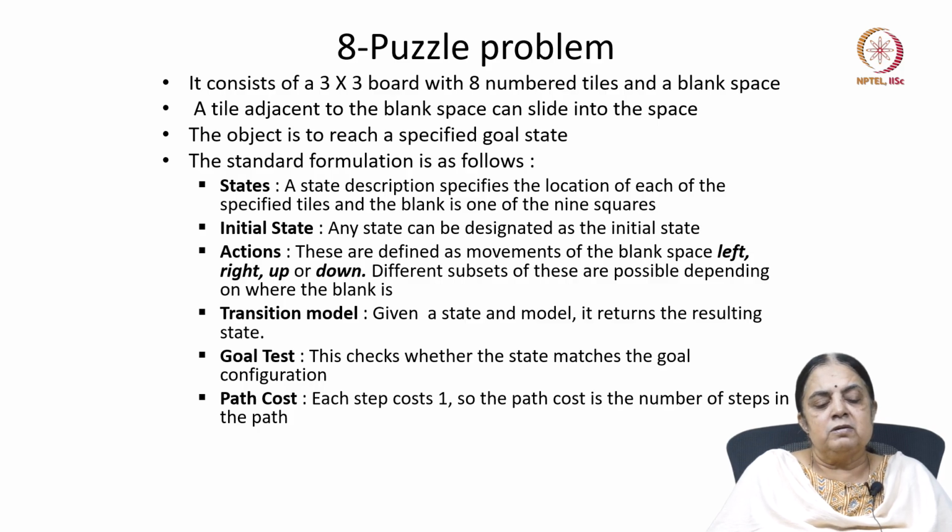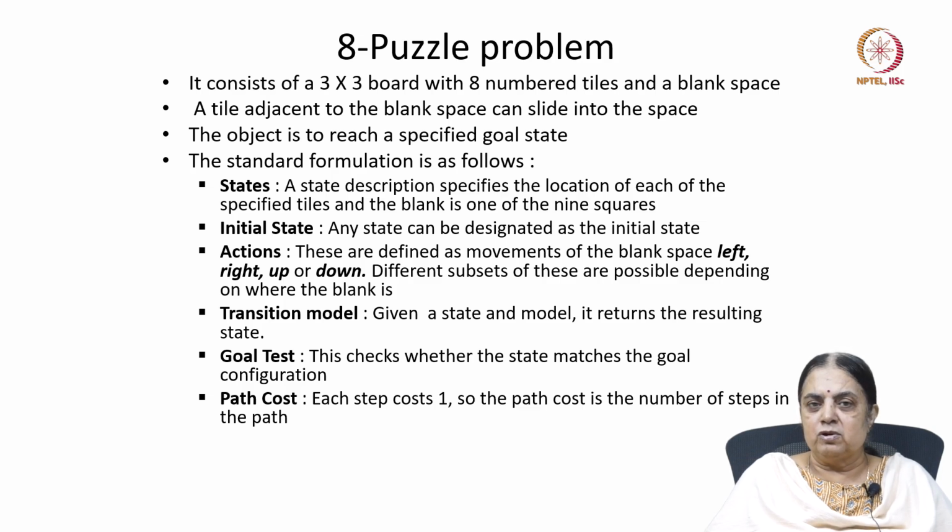And what is the action that can be done? Of course, you can think of it as moving tiles into the empty space, but it's easier to think of it as moving the blank space, because that makes it more general. So you don't have to worry about saying that this particular tile needs to be moved, etc. Whenever you have a blank space, the blank space can be moved either left, right, up or down.